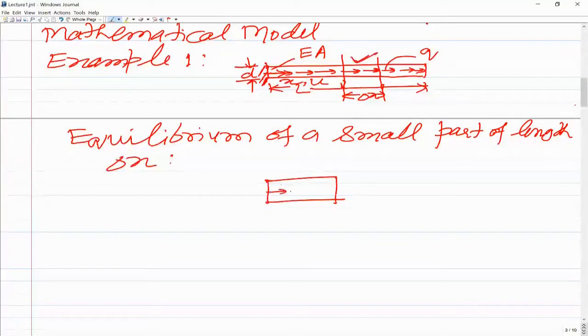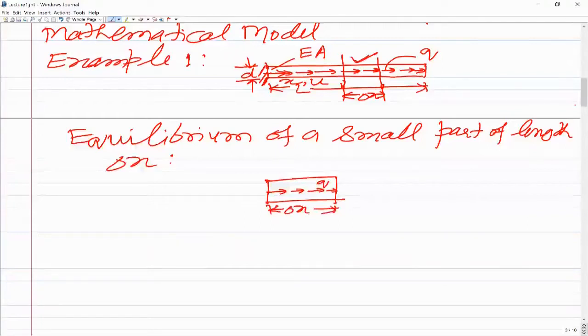One is this distributed load q, whose length is delta x. Because it is only subject to this axial force, q is force per unit length, so its unit would be something like newton per meter.